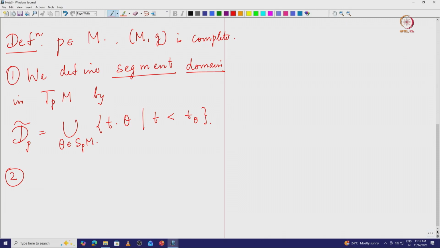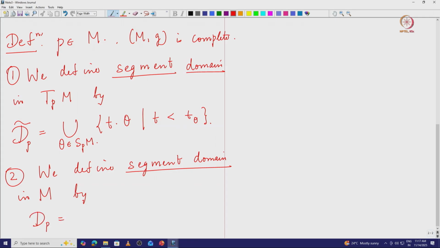Then we define the segment domain in the manifold as simply the image of D_p tilde under the exponential map.